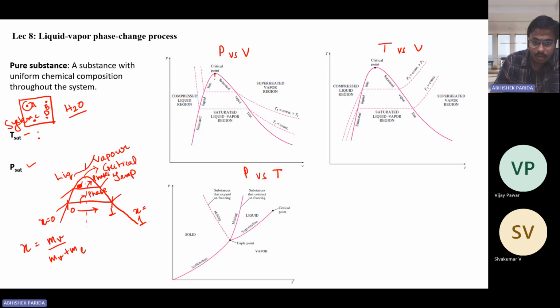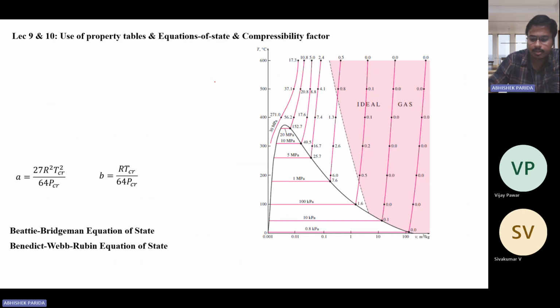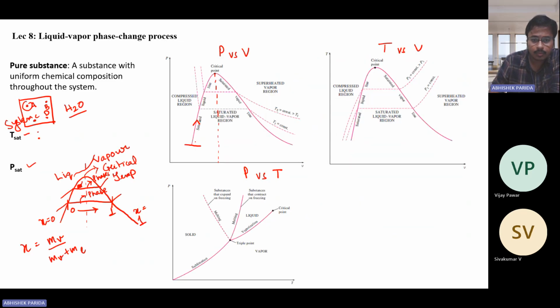Now, one of the things, this dome is not symmetrical. That is also something you need to understand, because when we are talking about water, it is an incompressible substance. Whenever there is a fluid which is incompressible, as pressure is increasing, there is only a minor change in the specific volume.